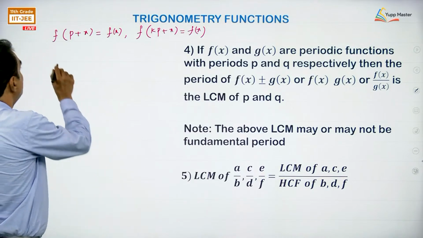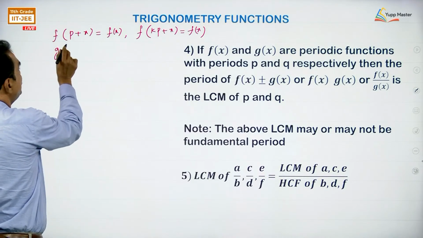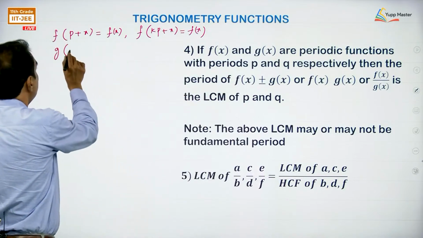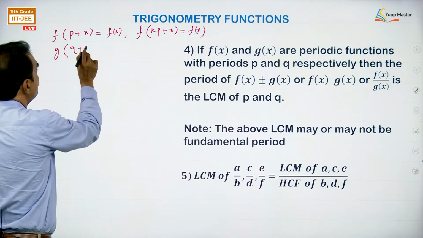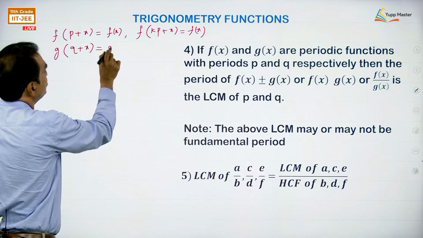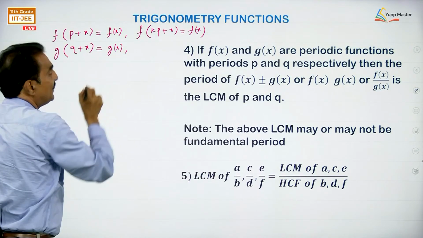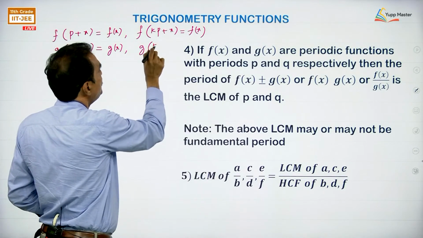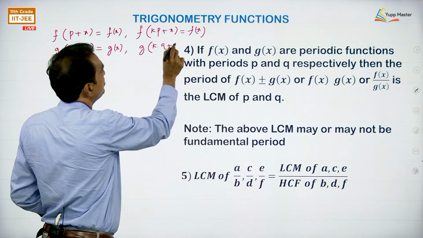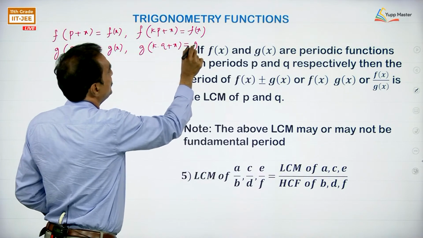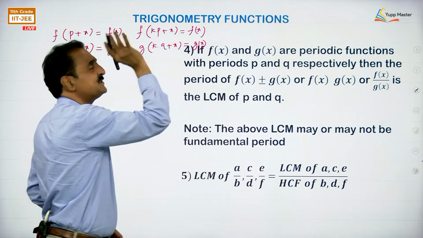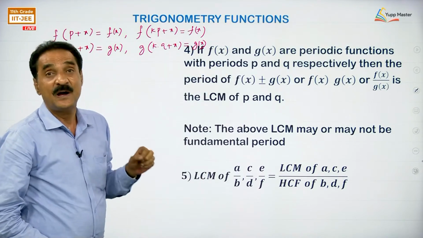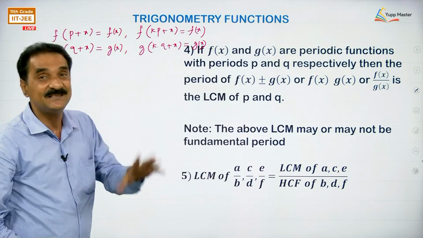Similarly, if g(x) is a periodic function with period q, so g(q + x) = g(x). Also, g(kq + x) = g(x) for any integer k. This is given.